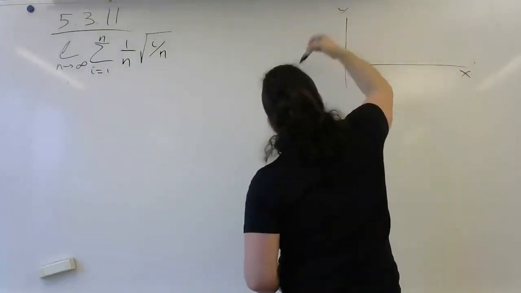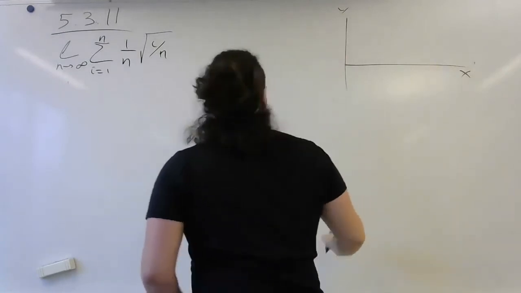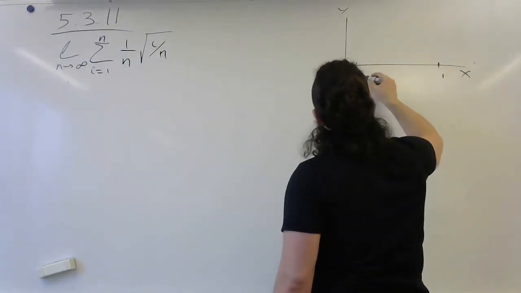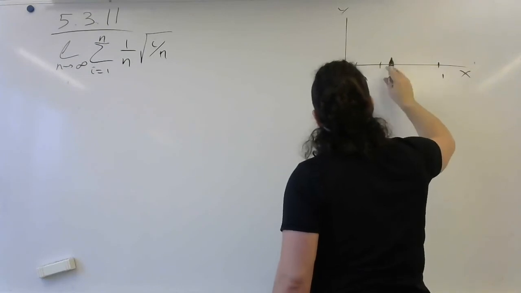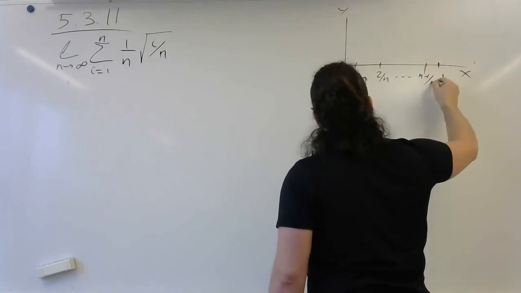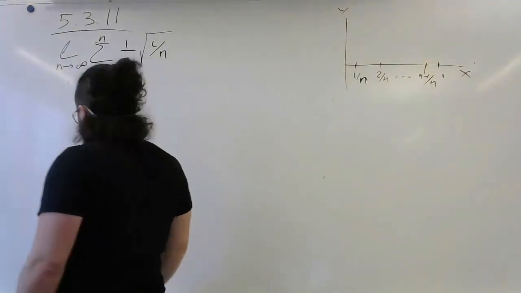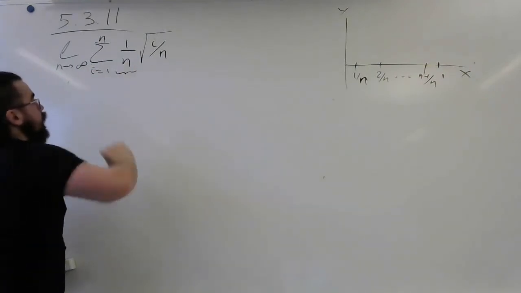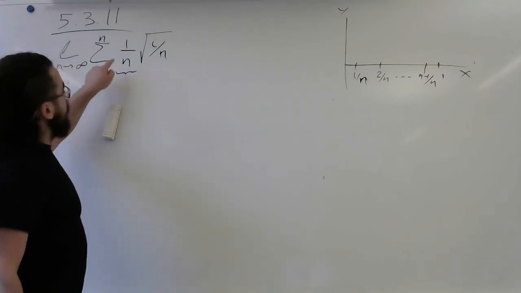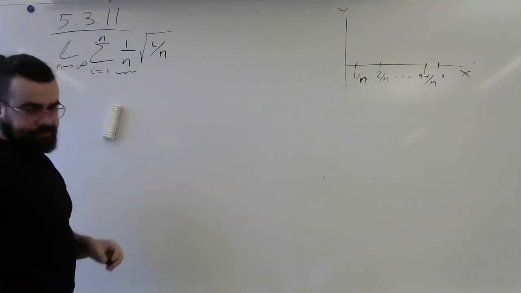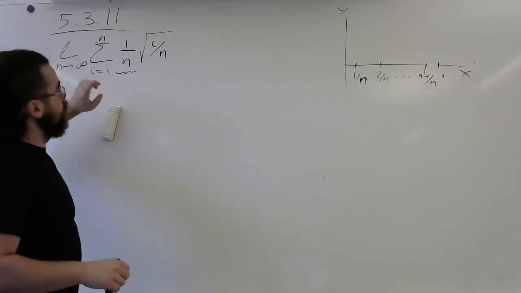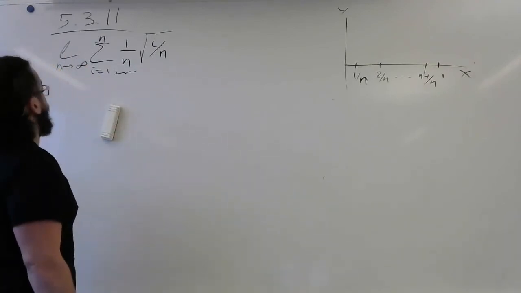This is x, this is y. If we do a partition, I don't know, from 0 to 1, then all we have is rectangles with base 1 over n. So our interval goes from maybe 0 to 1.